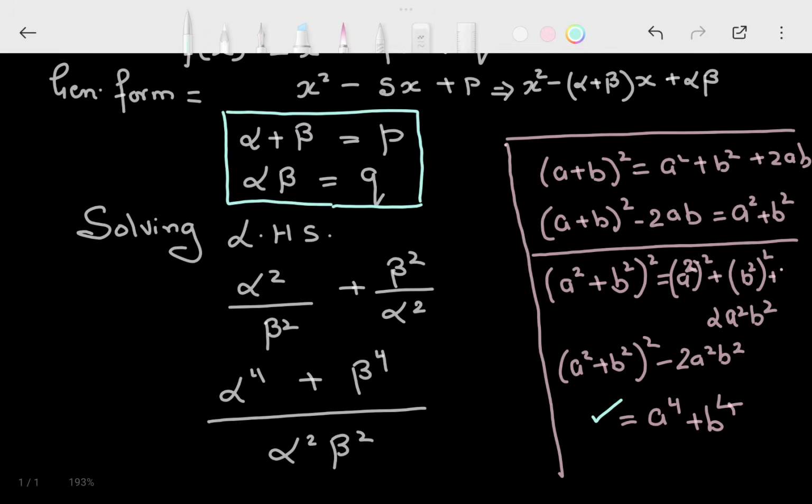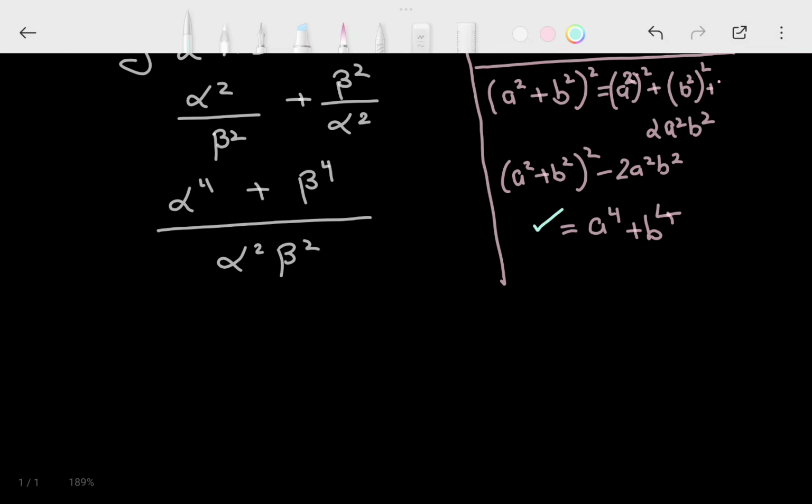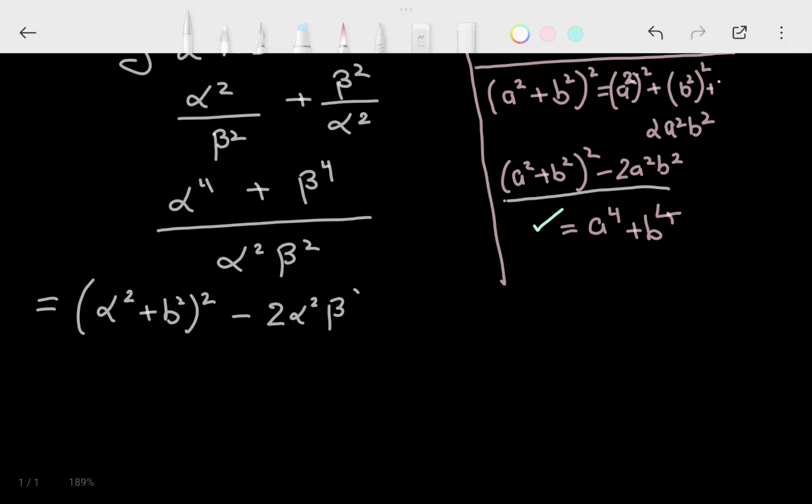So first we'll be using this relationship. So in place of alpha raised to the power 4 plus beta raised to the power 4, we'll rearrange it in this form. See, it can be arranged as alpha square plus beta square whole square minus twice alpha square beta square upon alpha square beta square.